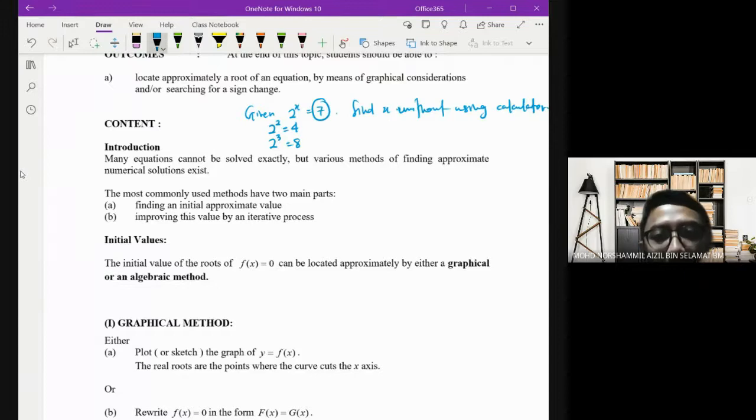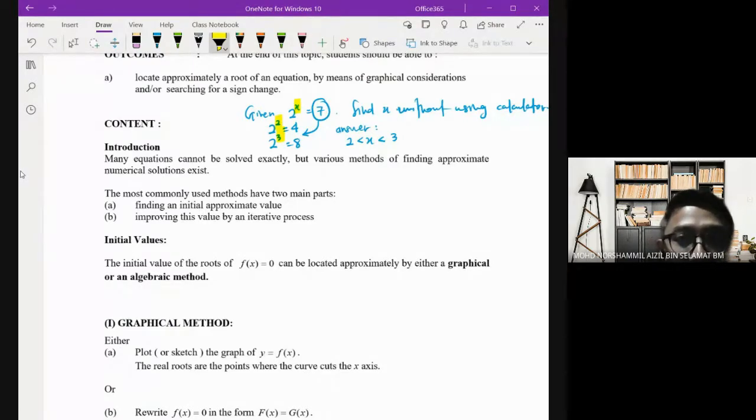You knew already 2 power of 2 is 4, 2 power of 3 is 8. So 7 lies somewhere in between. So that's why you knew already that the answer will be in between 2 and 3, because x is the power.